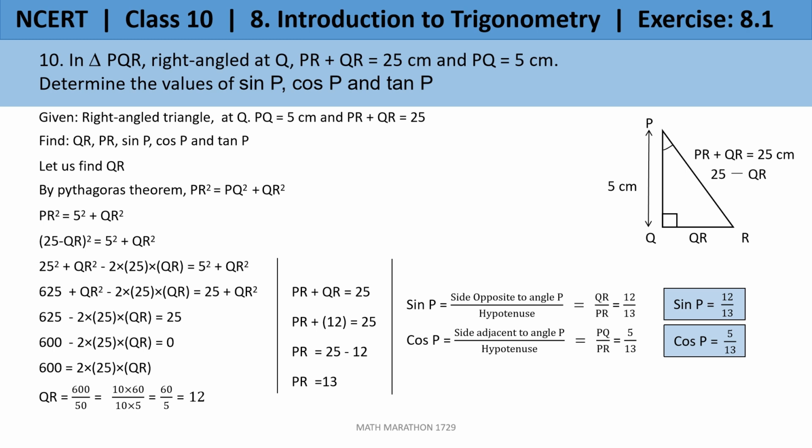So, cos P is equal to 5 by 13. Tan P is equal to side opposite to angle P by side adjacent to angle P, which is equal to QR by PQ, which is equal to 12 by 5. So, tan P is equal to 12 by 5.